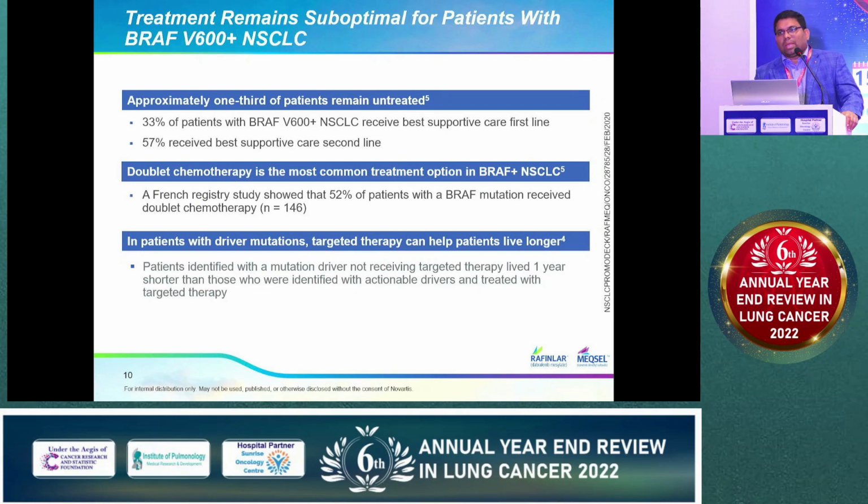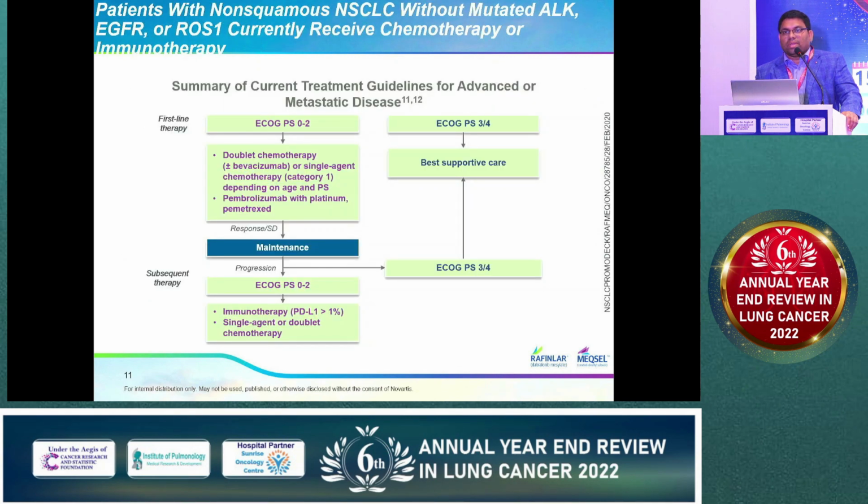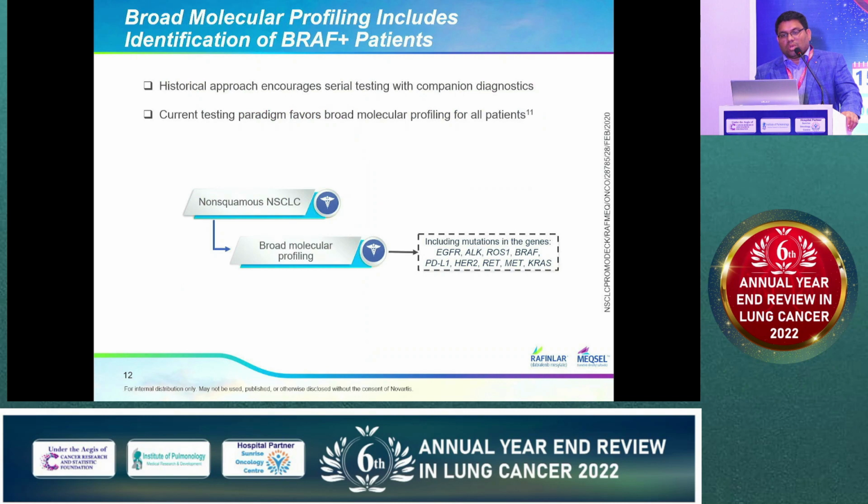What happens in most situations is that, because of these poor prognostic markers, approximately 1/3 of BRAF V600E patients remain untreated. Doublet chemotherapy is the most common treatment used in this, but the response rates are on the lower side, between 15 to 20%, and the chances that the patient would live longer than 1 year are very small.